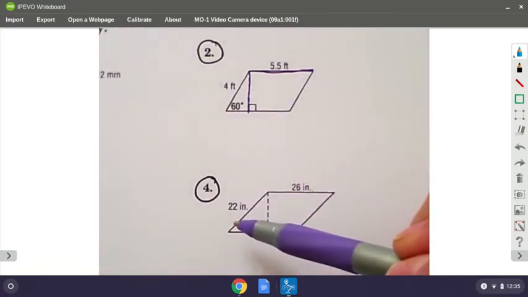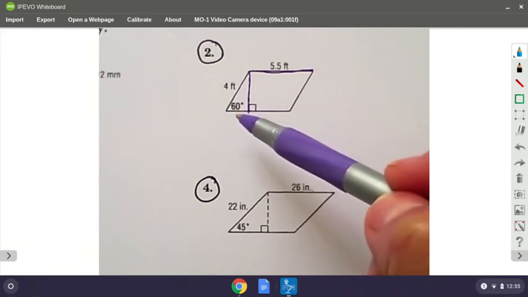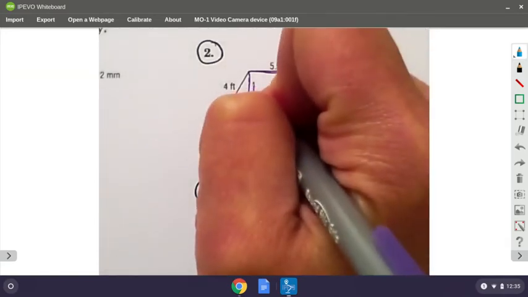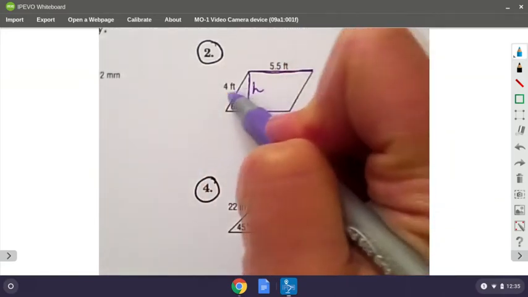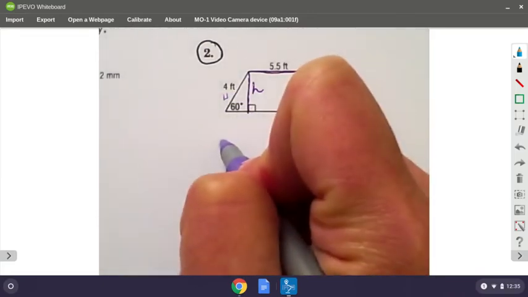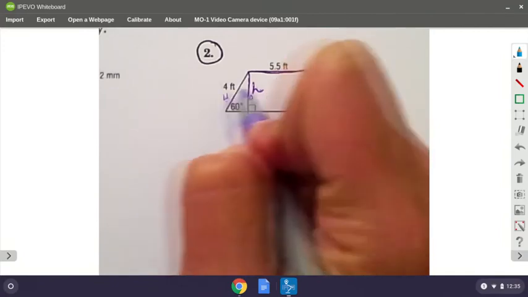If I had given you one where maybe this was like 62, you would have to use SOHCAHTOA, which you could use here. I bet a lot of you probably prefer that. So this is the height, which is opposite, and that's the hypotenuse. Sorry, I was getting confused by that.